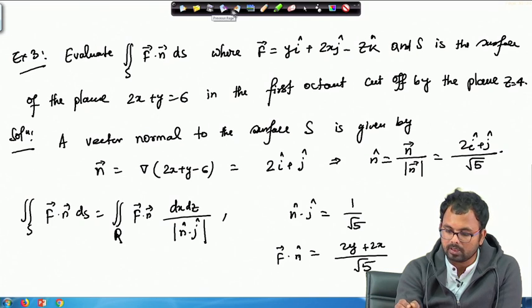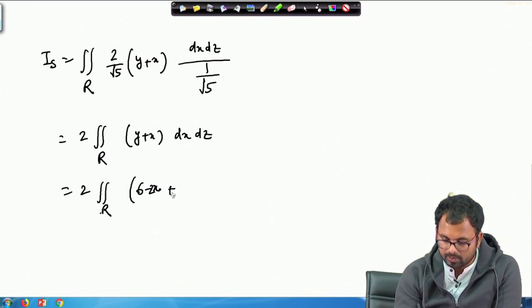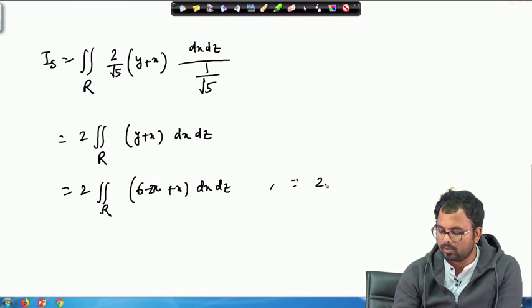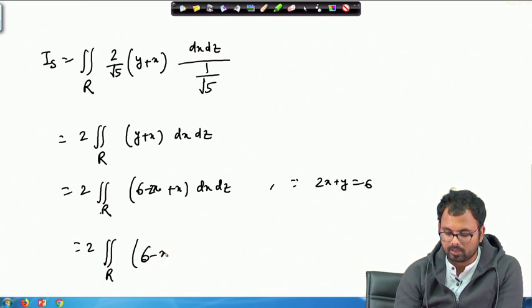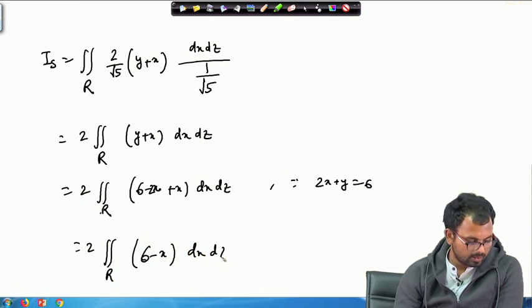So, this is basically 6 minus 2x plus x times dx dz, and now this will be 2 times integral over the region R of 6 minus x times dx dz.